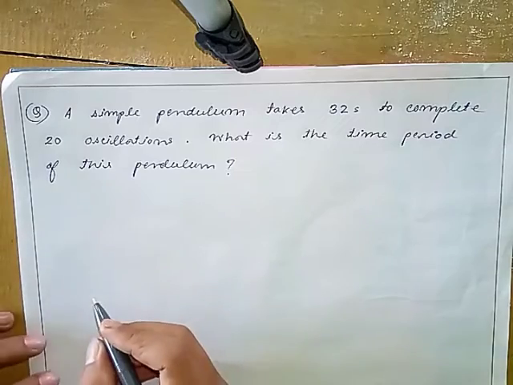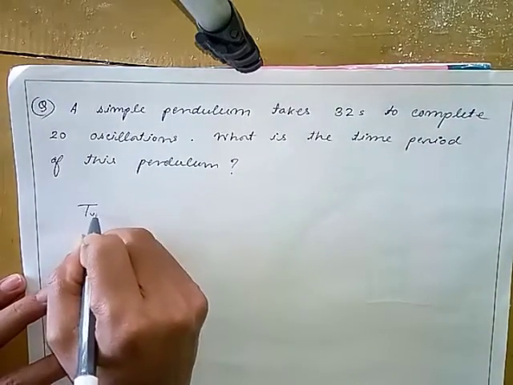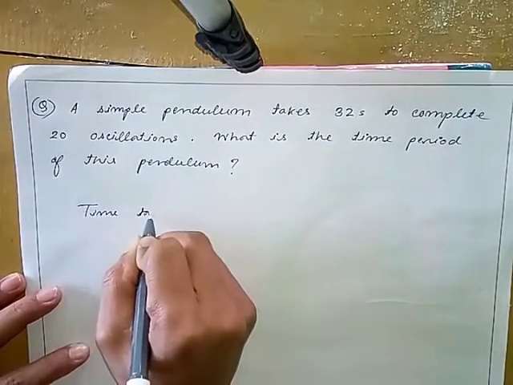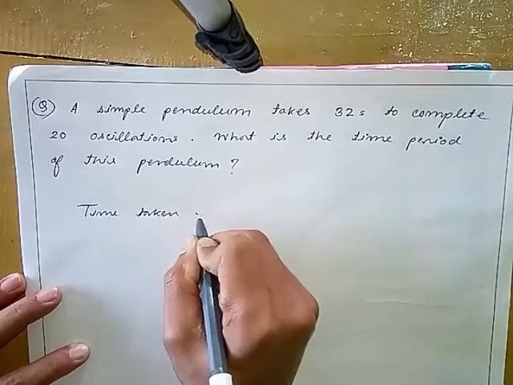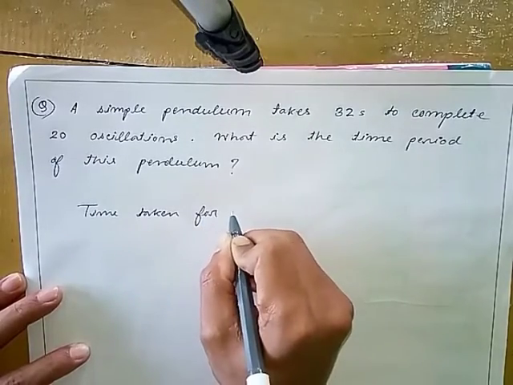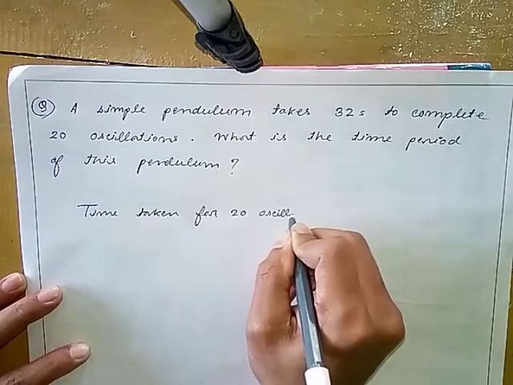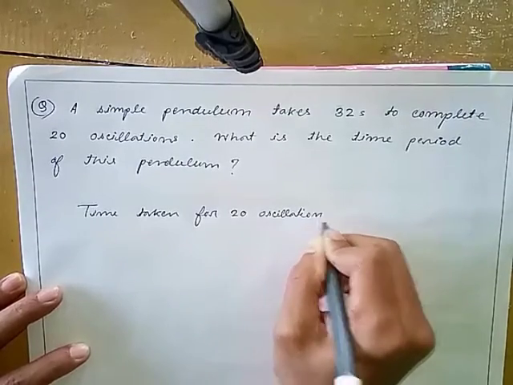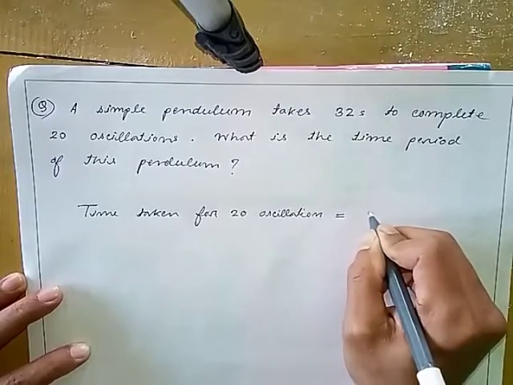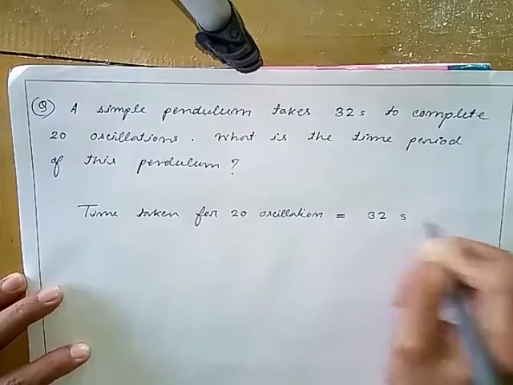We are given the time taken for 20 oscillations: 32 seconds.